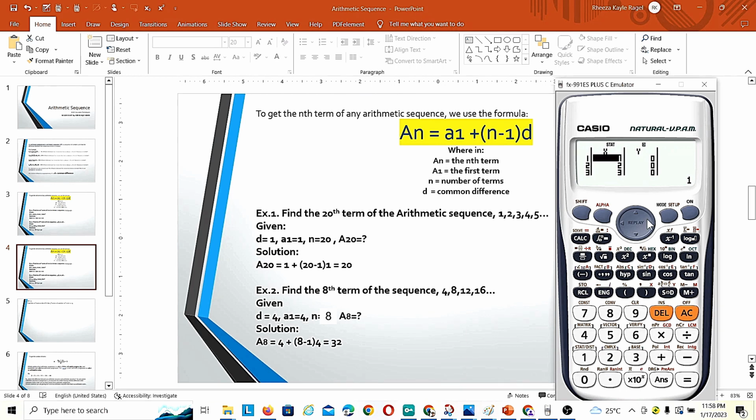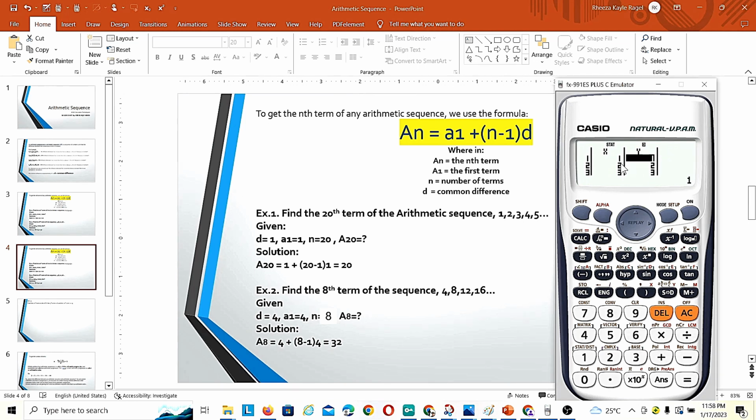Now, y here corresponds to the value of the term in that position. For example, in the first position, we have a1, which is equal to 1. And then a2 is equal to 2, and a3 is equal to 3. Do not confuse yourself.